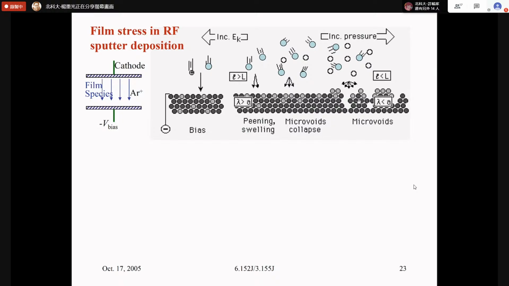That's something that we don't want to happen. Microvoids, which in other words are cracks. 微洞，微缺洞啊，我们或是叫做这个 cracks，就是微裂啊，微裂。So in this part, we increase the pressure. Increase the pressure, you get a larger grain, and on the other side, we increase the kinetic energy. Okay.